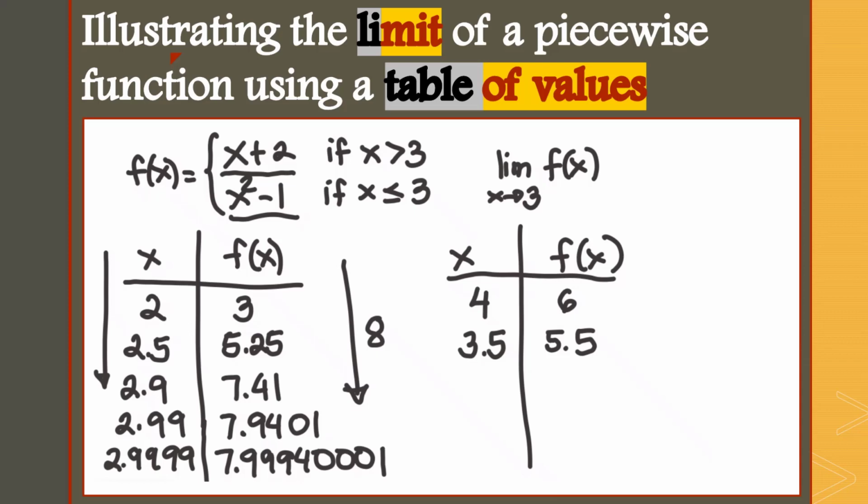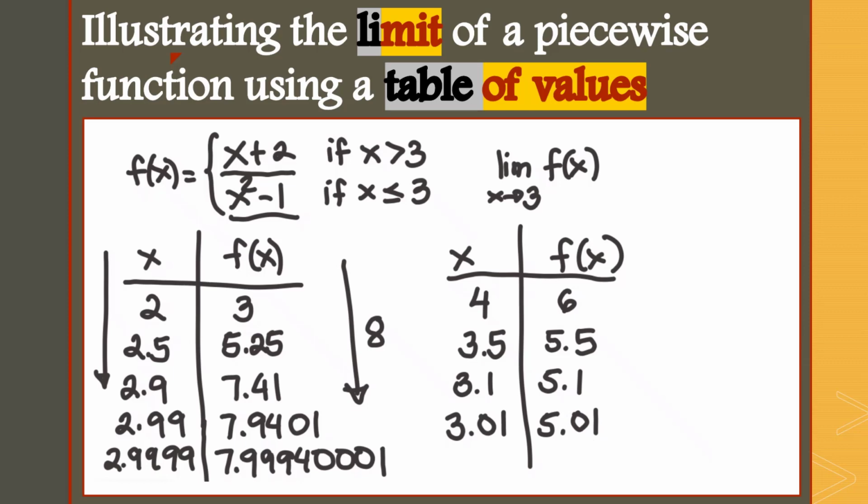Next, let's have 3.1. That's 5.1, simply plus 2. If we have 3.01, plus 2, you have 5.01.